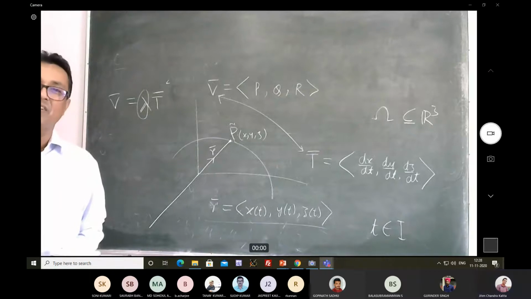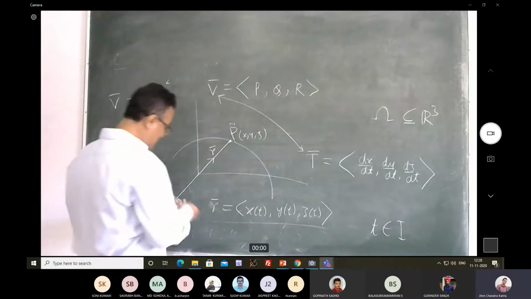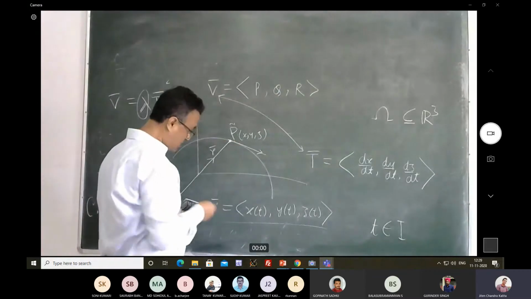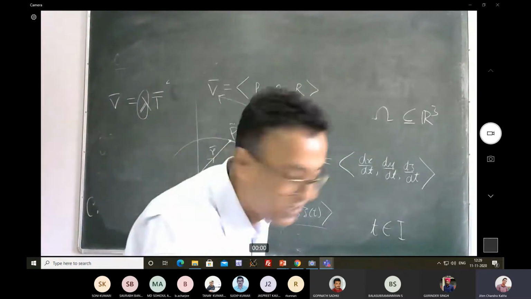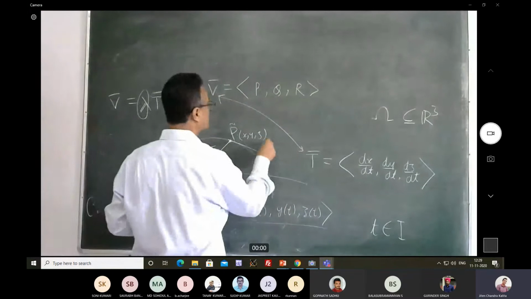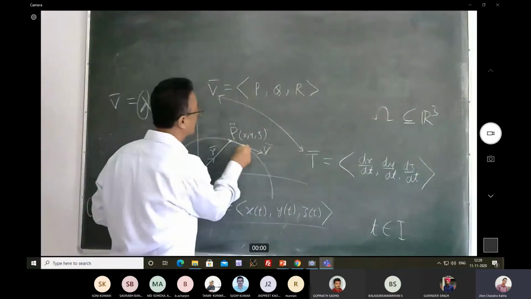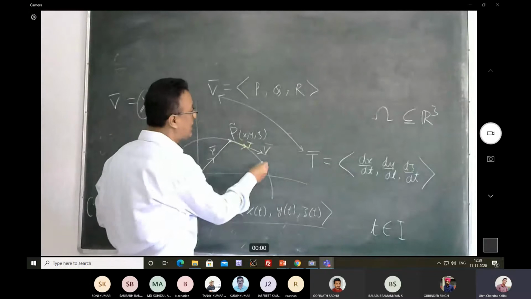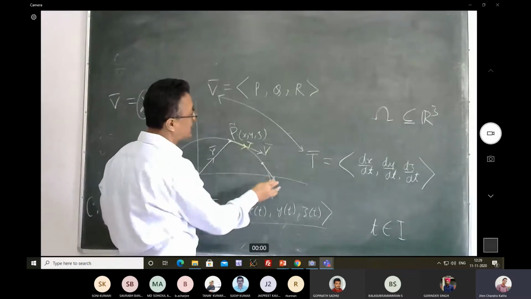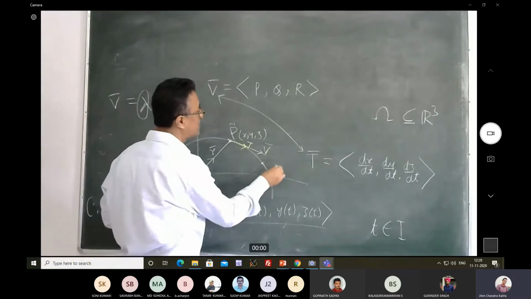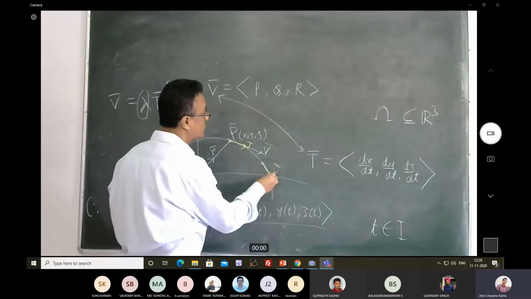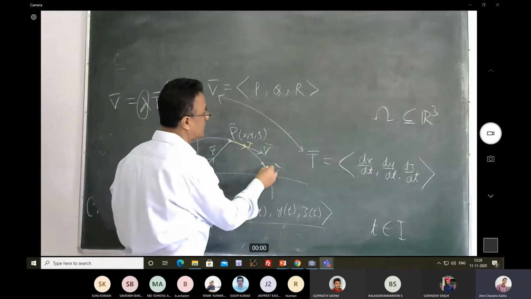Because suppose this is V and suppose this is T. Again at another point, my V could be something like this and T could be something like this.